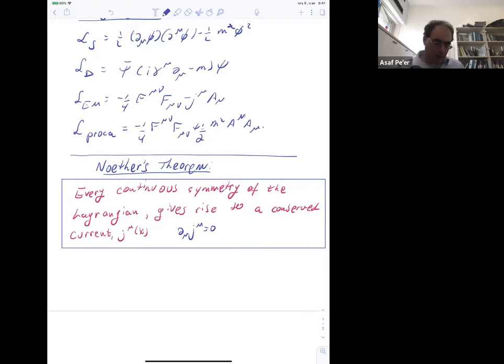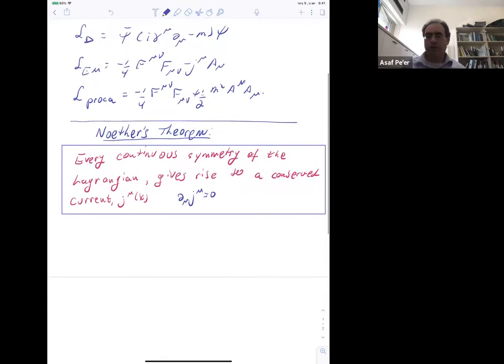Okay. So let's now look at how to apply Noether's theorem to the standard model. So U(1) symmetry and conservation of the electromagnetic charge.